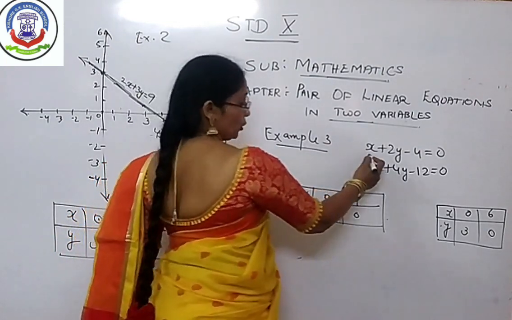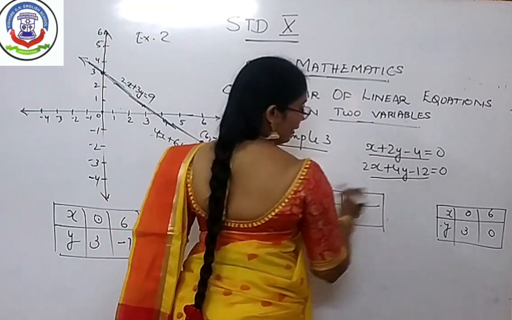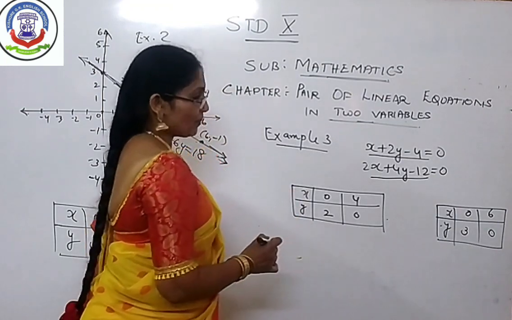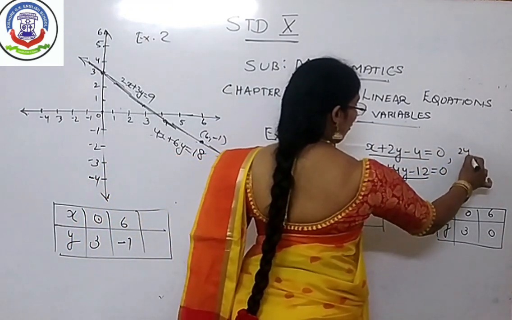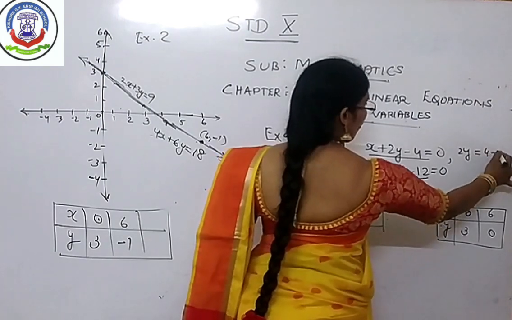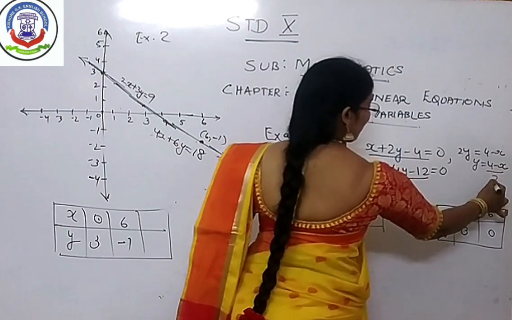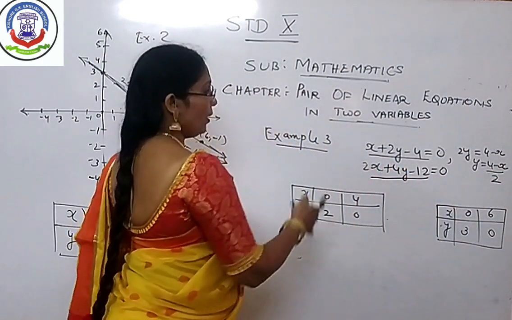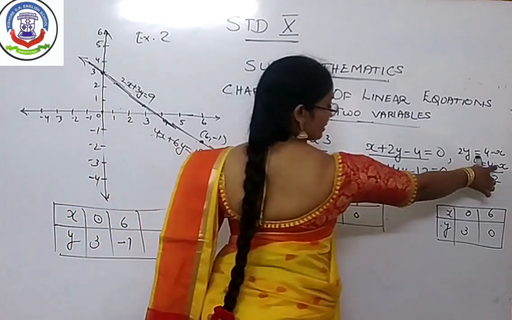You have to find many solutions for this equation, and in the same way for the other equation. So x plus 2y minus 4, again you can write this in y-intercept form: 2y is equal to 4 minus x, so y is equal to (4 minus x) upon 2. Now, instead of x I put the value 0.